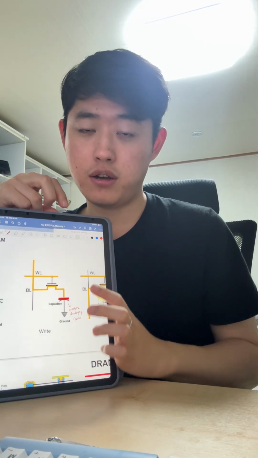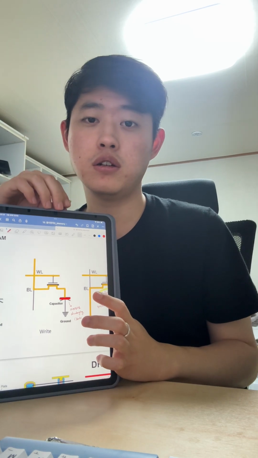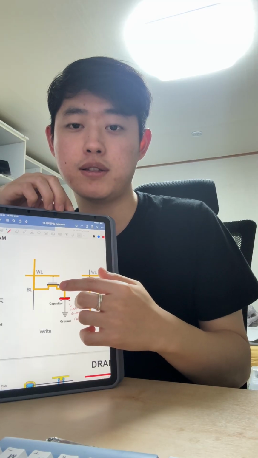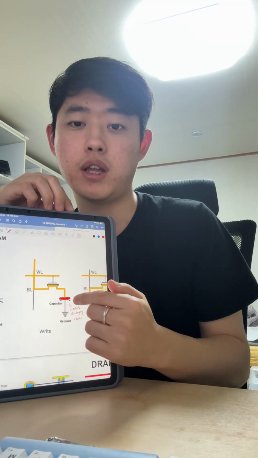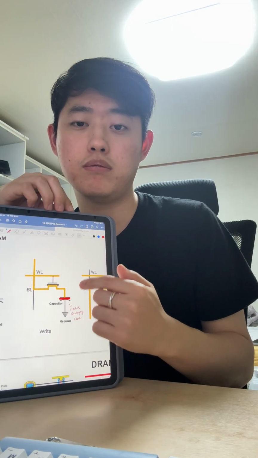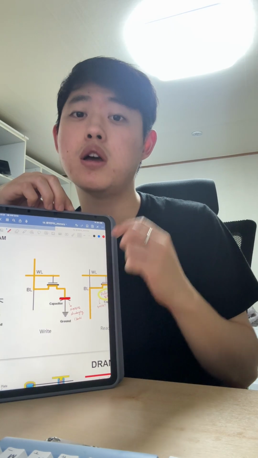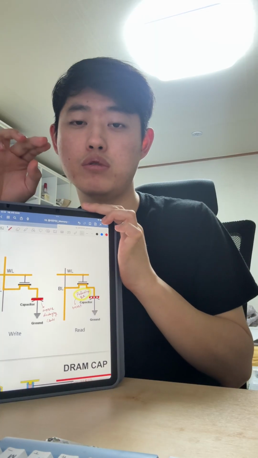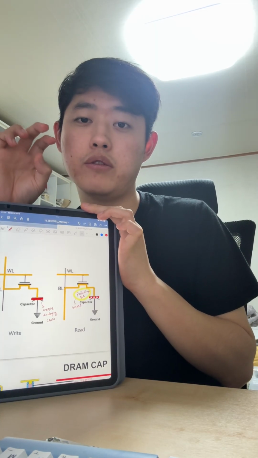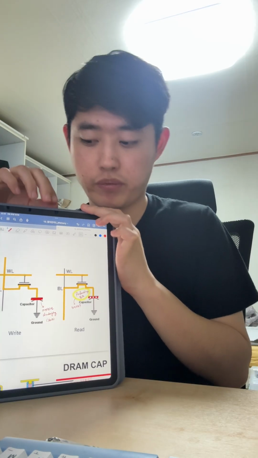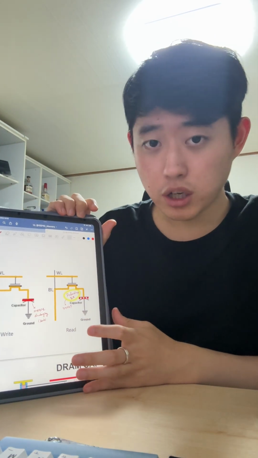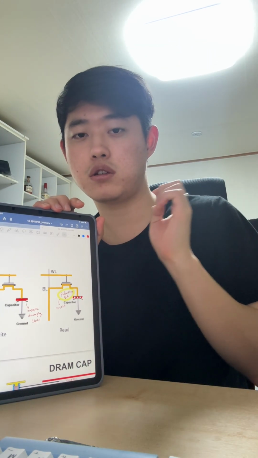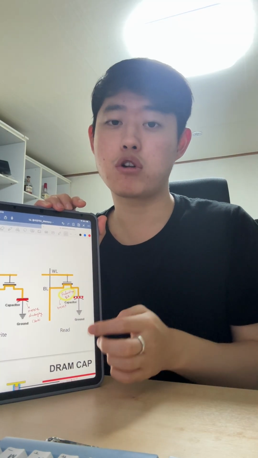The capacitor memorizes the data, and the transmission gate lets us write it. But the capacitor has a leak current, so as time goes on the data will be lost, so we need refreshing. It comes with power consumption.